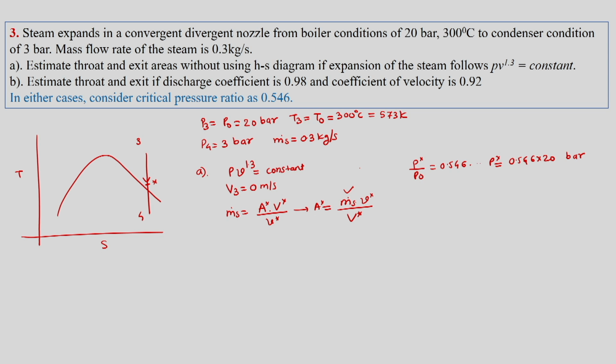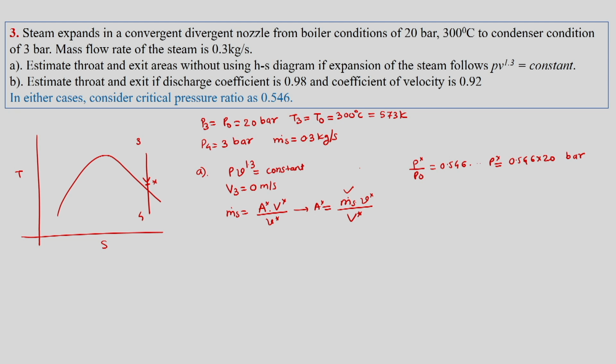For that we would use this pressure, go to the steam table and compare. But here we cannot do that, since it is told that we cannot see the HS diagram or steam table. So we cannot go to the Mollier chart, otherwise it is very simple.